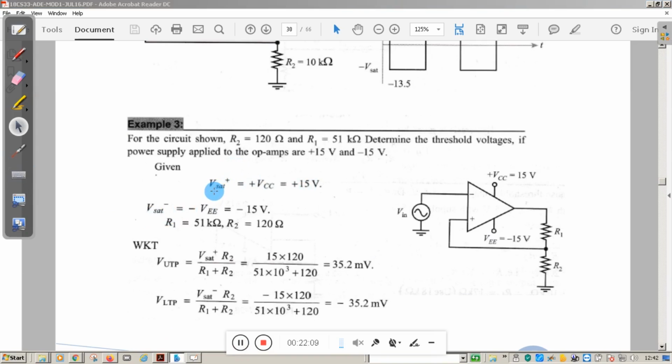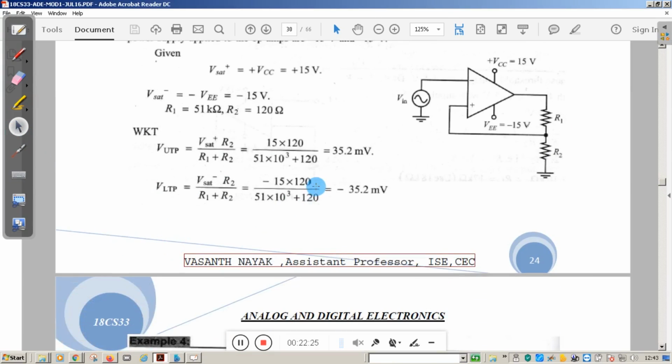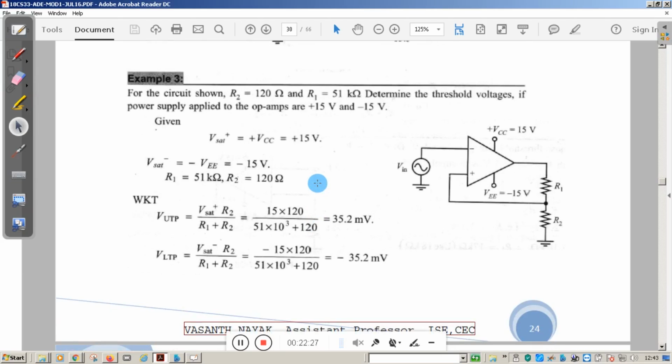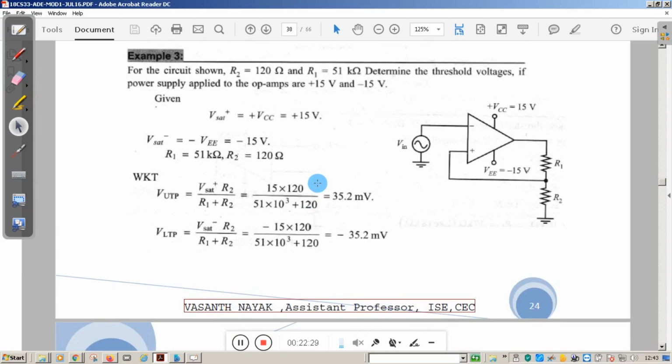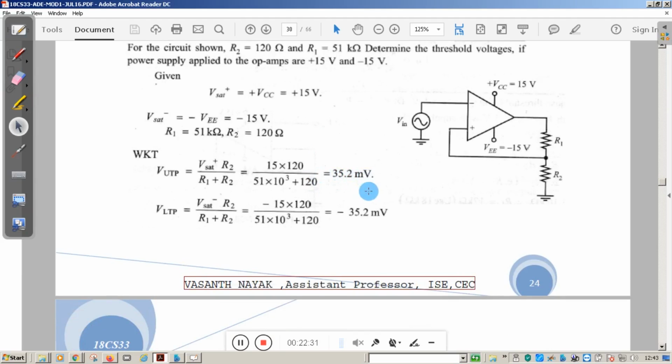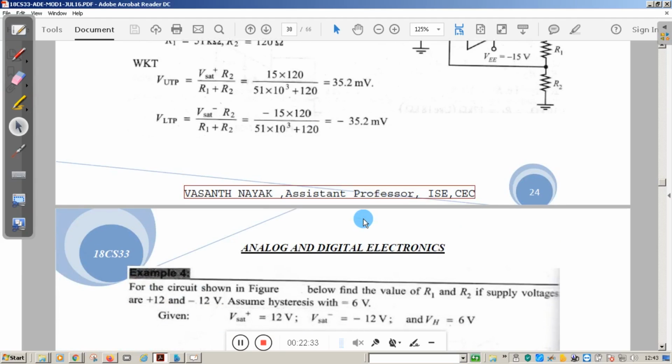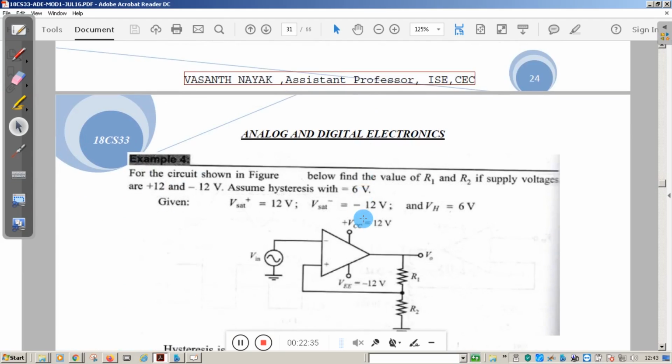We assume here VSAT is equal to plus 15 volt and VSAT minus is equal to minus 15 volt. Then we have R1 and R2, and we know the expressions for VUTP and VLTP. Substitute the corresponding values, you will get the threshold voltages as 35.2 millivolt and minus 35.2 millivolt.